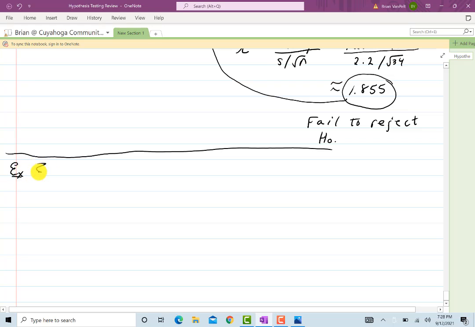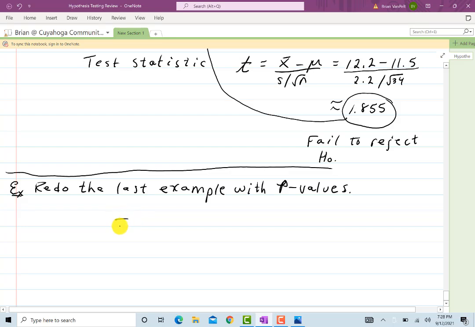So let's redo the last example with p-values. So let's see what happens there. We already did the t statistic. So our test stat, that's t equals x bar minus mu over s over the square root of n. And we already see that that's about 1.855.